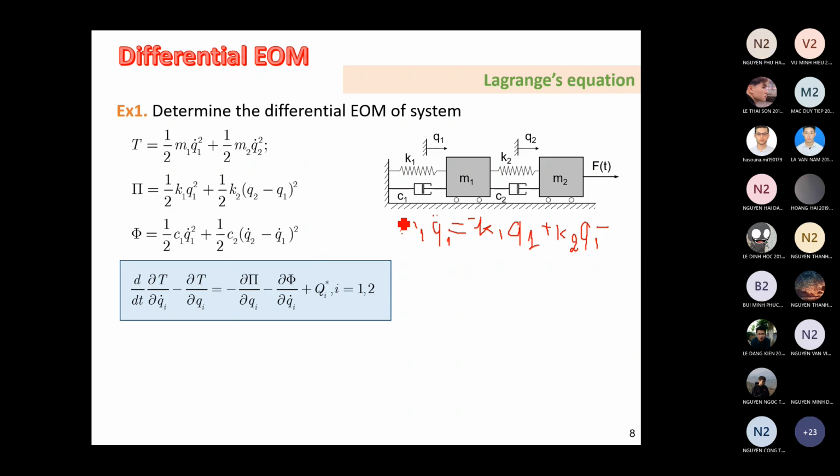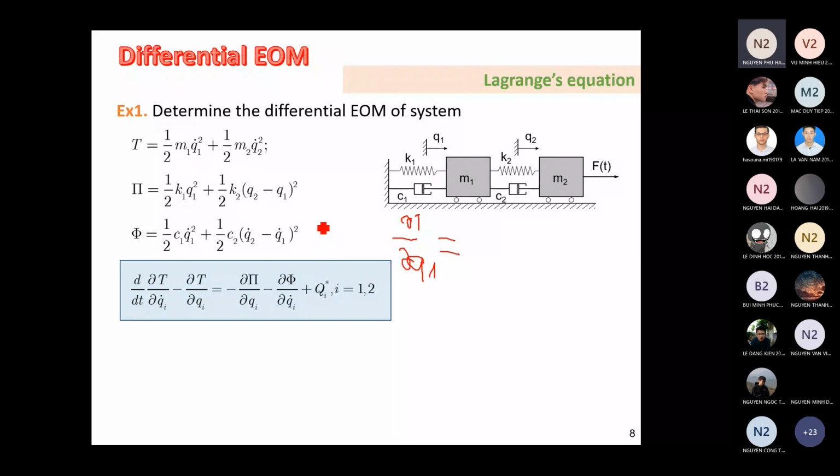Okay, if you find everything is difficult, take the derivative of each one. First of all, with the kinetic energy, take the first derivative with respect to Q1 dot. What is this? It is M1 multiply Q1 dot, right?